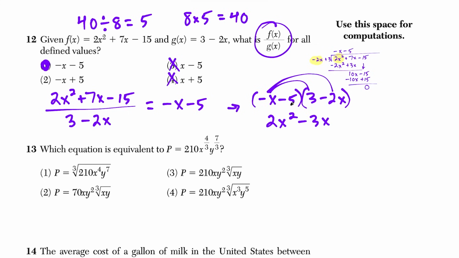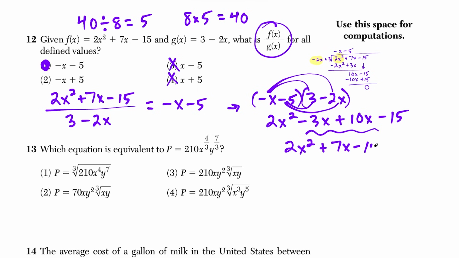And then we do negative 5 times negative 2x is positive 10x. And then I'll do negative 5 times 3 is minus 15. So when I combine my like terms here, I'm going to have 2x squared, and then negative 3x plus 10x is plus 7x, and then I get my minus 15. And you could see the match here. So that's how I know choice 1 is definitely correct.